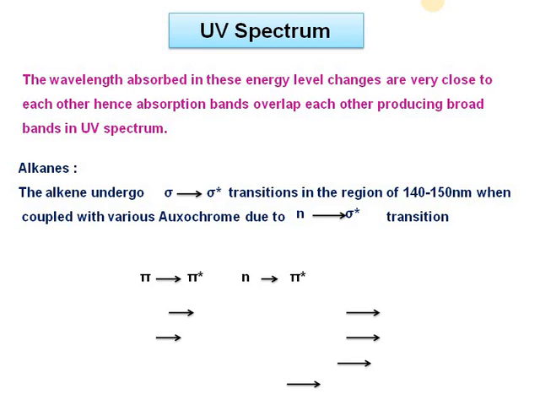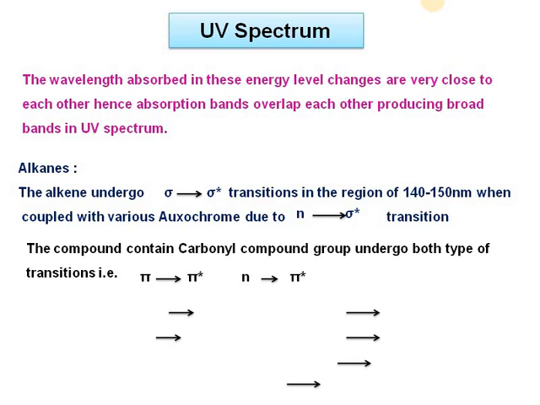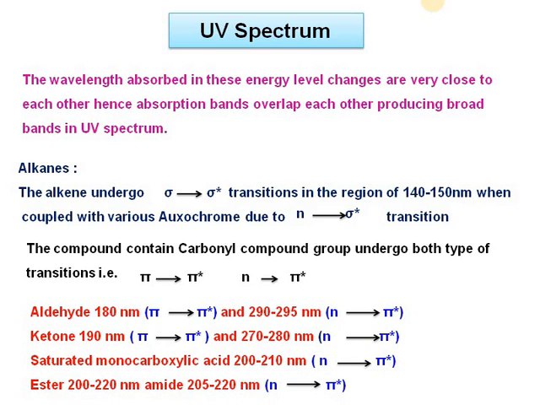Now, some examples can show different values for various functional groups. Firstly, we have the alkanes. Which types of bonds are present in alkanes?